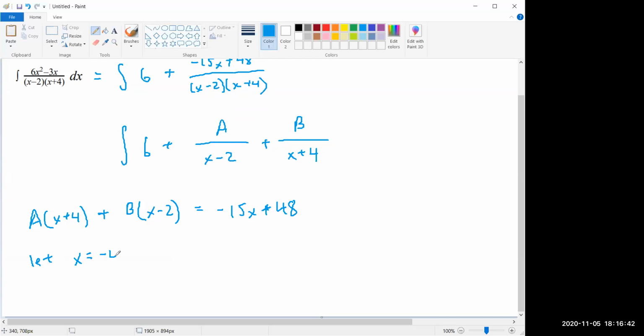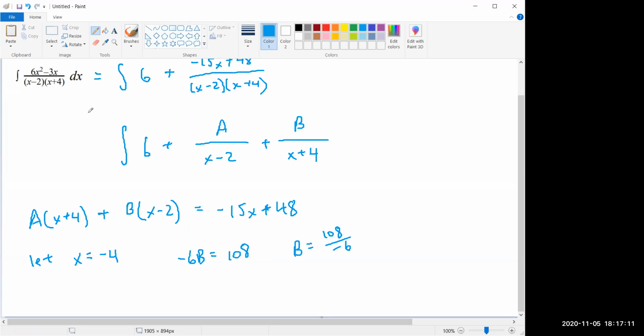When x is negative 4, the first term goes away. So you'll just have negative 6B equal to positive 60 plus 48, so it's 108, which means B is 108 over negative 6.